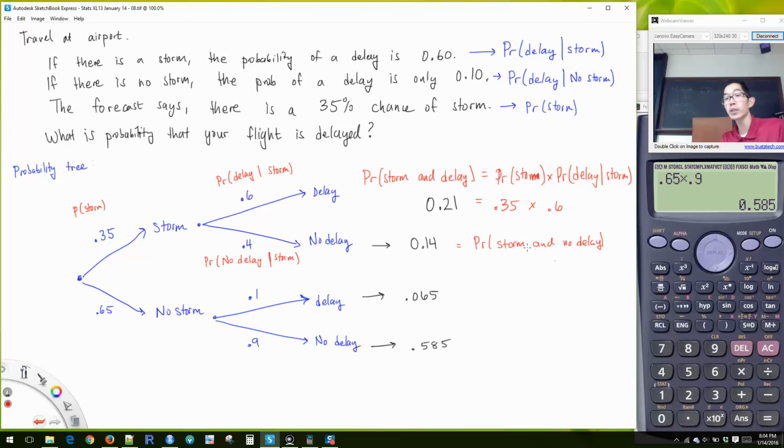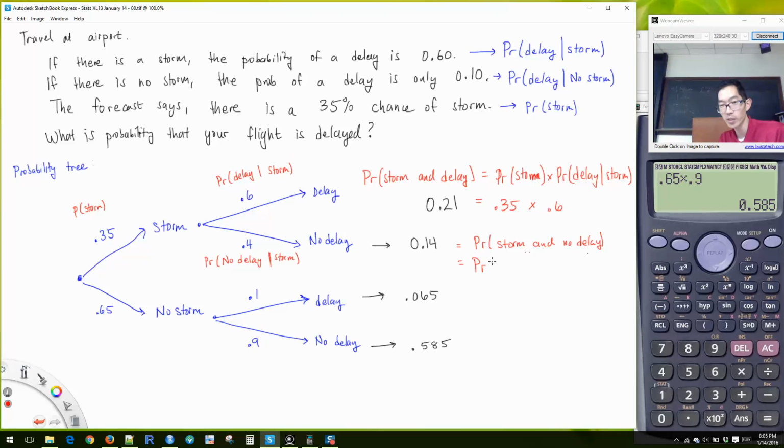And I want you to be very clear that storm and no delay is very different from no delay given storm, which is also different from storm given no delay. These are all very different interpretations.